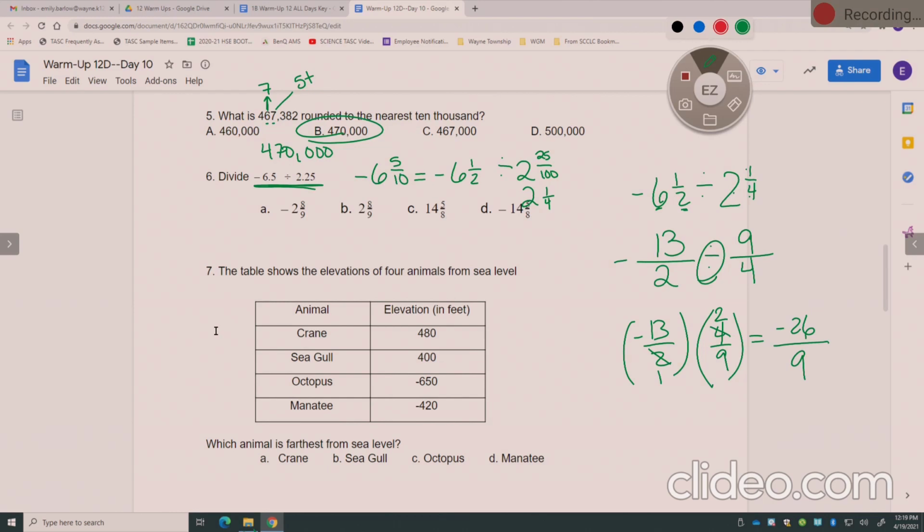Then to get it back into a mixed number, my whole number is negative 26 divided by 9, which is negative 2. My denominator stays the same as 9. And then my new numerator is my remainder. So negative 2 times 9 is 18. 26 minus 18 is 8. So negative 2 and 8/9.